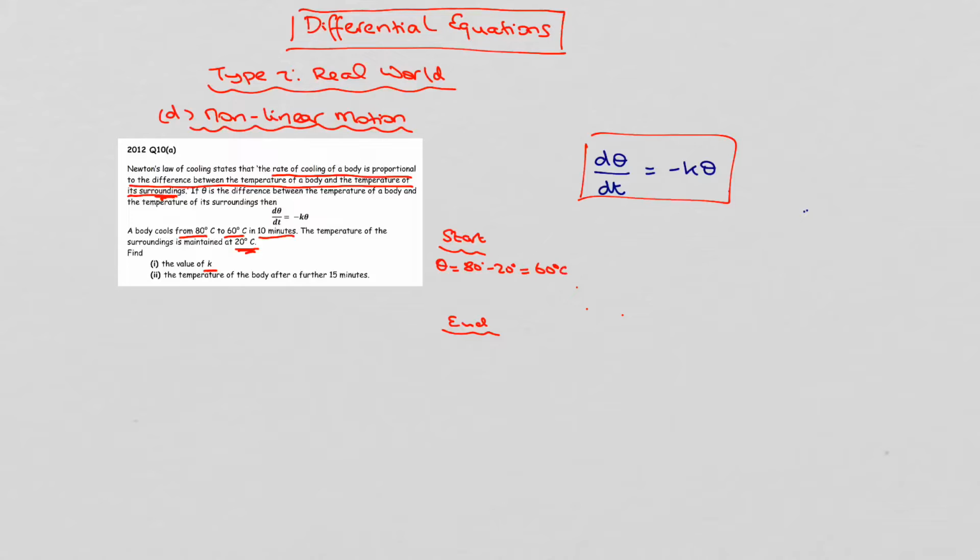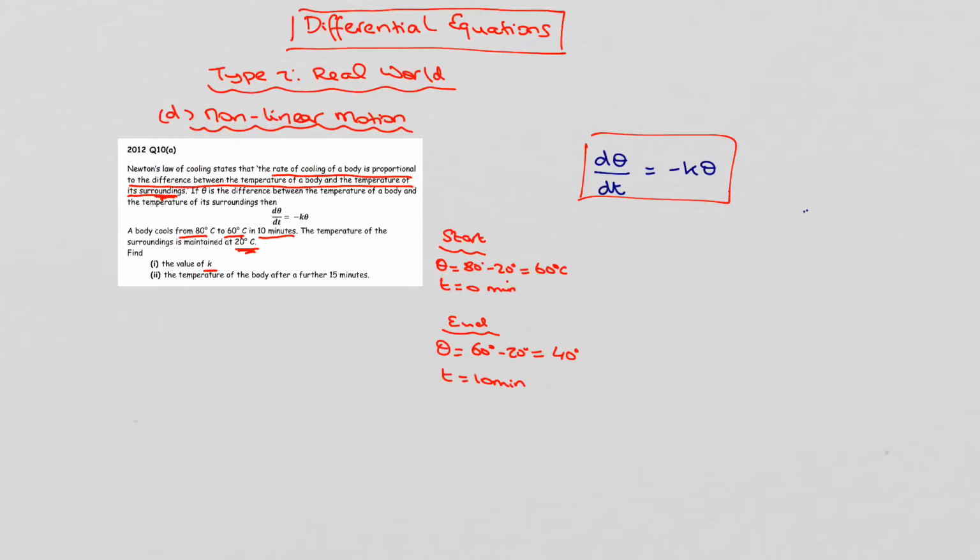And therefore theta there is 60 degrees. And the time at the start is 0 minutes. At the end, the final temperature is 60, so with respect to the surrounding temperatures, which is always maintained at a fixed 20 degrees Celsius, then our theta value is 40 degrees, and that's after 10 minutes.